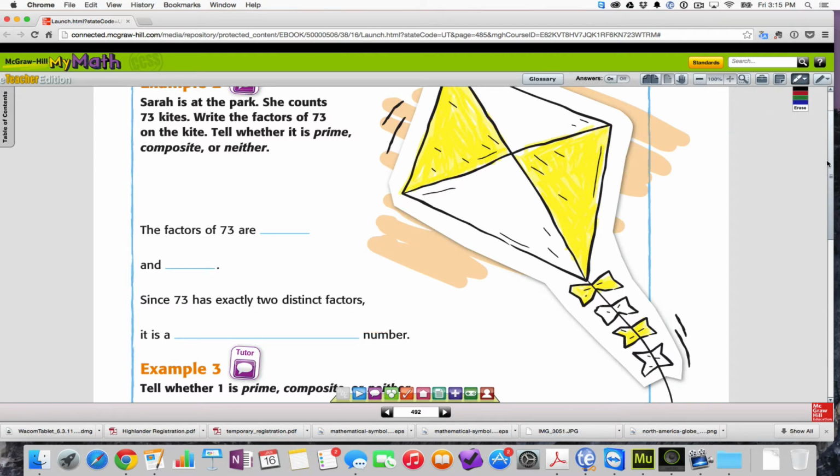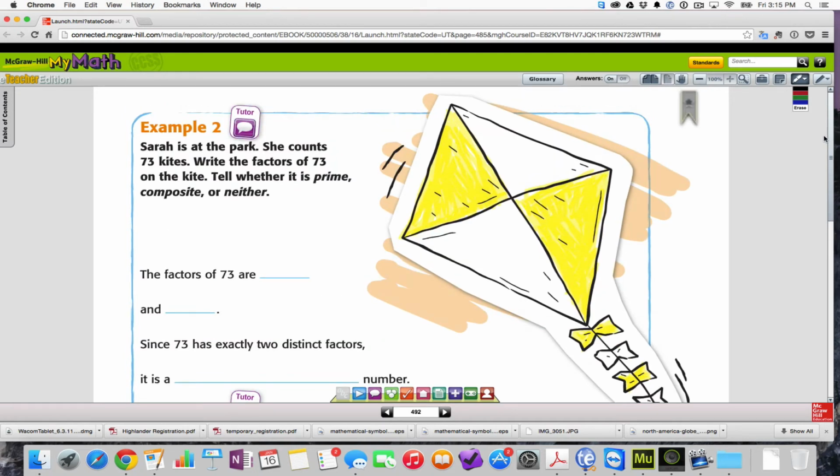Okay. The question states that Sarah is at the park. She counts 73 kites. Write the factors of 73 on the kite and then tell whether it is prime or composite. The factors of 73 are, well, we know that 1 and 73 go into that.